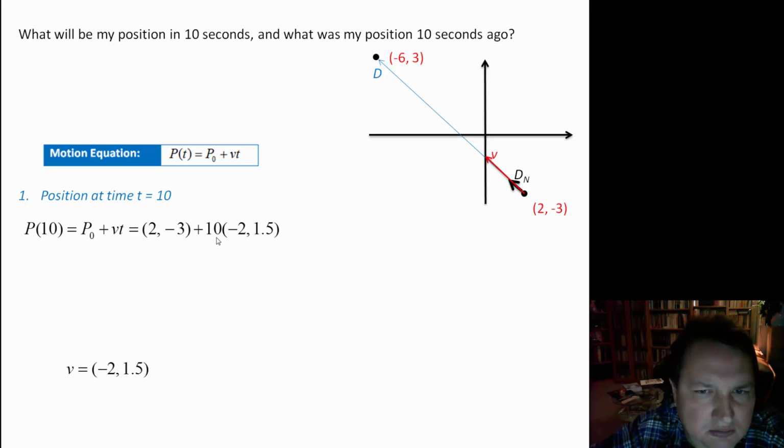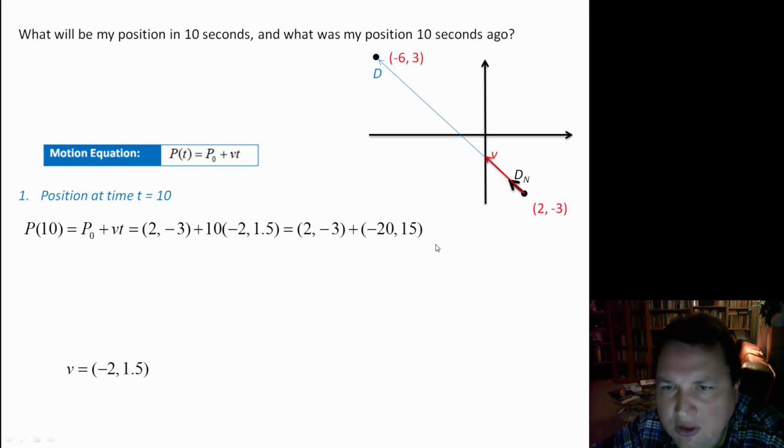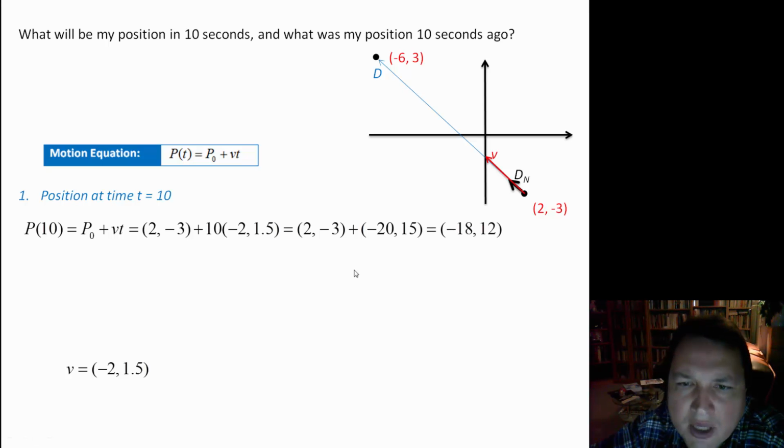At the moment, it is a simple vector calculation, so it equals (2, -3), it's just copied. This vector has been multiplied by 10, so it's (-20, 15). 2 plus minus 20 is minus 18. Minus 3 plus 15 is 12.